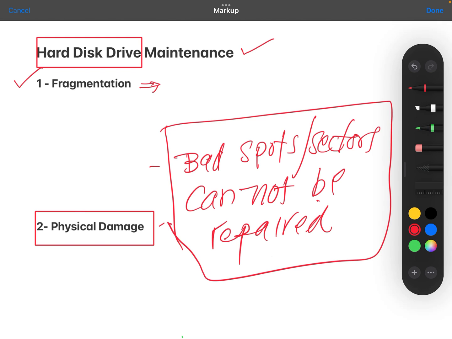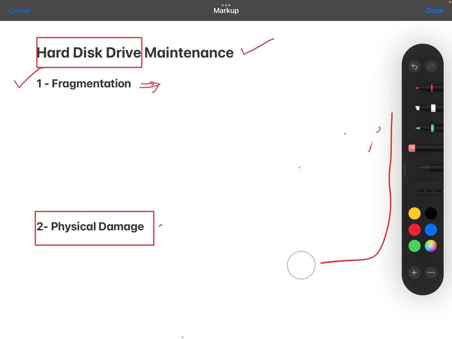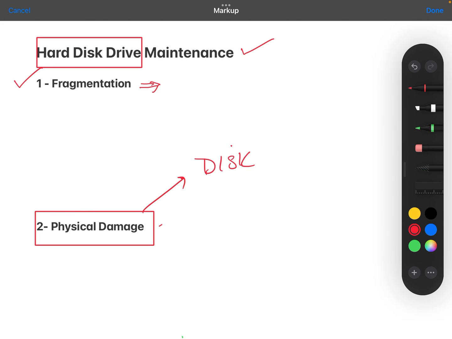Remember that they cannot be repaired. So if they cannot be repaired, how do we deal with the situation? There are a couple of utility programs that come with the operating system. One is called, for example, disk check.